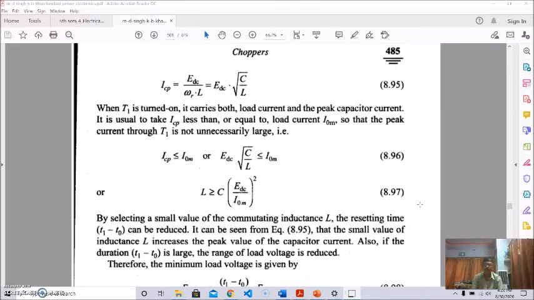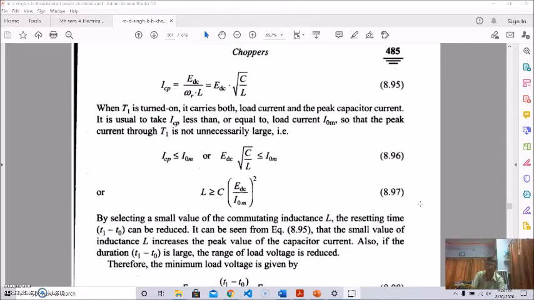So once again, the commutation techniques or methods of the choppers are either by force commutation, that is the voltage commutated chopper or the current commutated chopper, and then we'll discuss load commutated choppers.